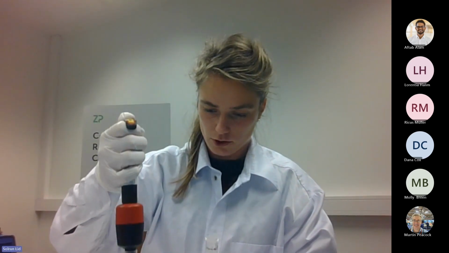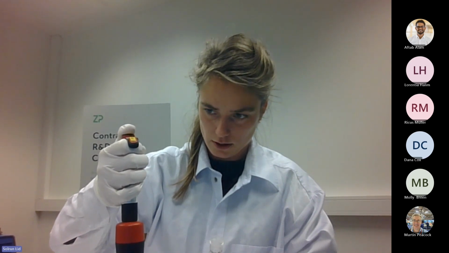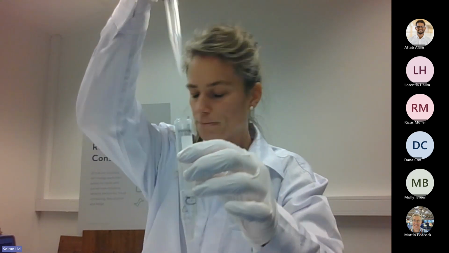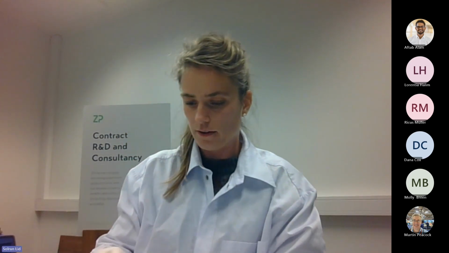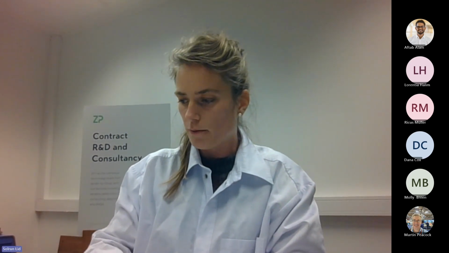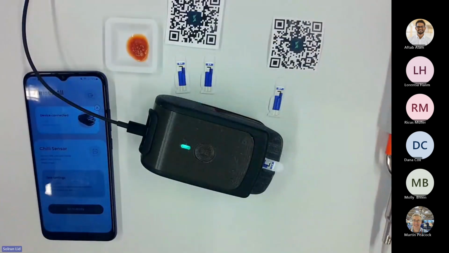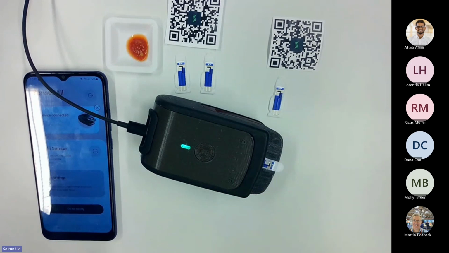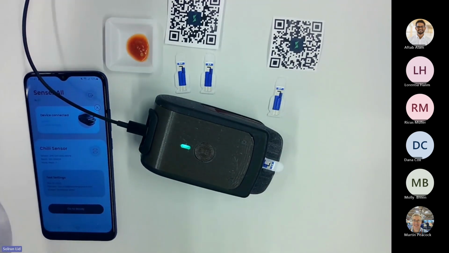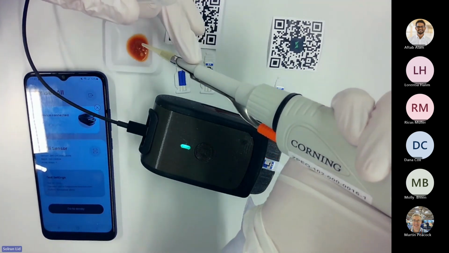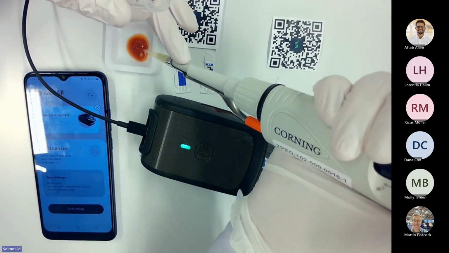So let me show you just this. So into a vial, just like that. And then I will add 50 microliter of our sample, and I'll put it in the close-up camera just for you to see and make sure I'm not cheating. So what you see now is actually real-time prepared samples, just to show you the simplicity.